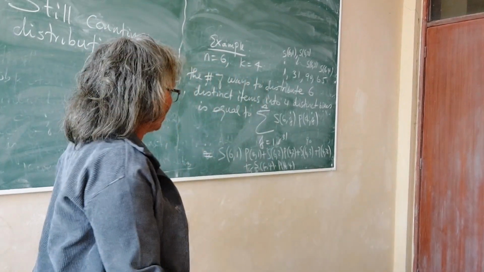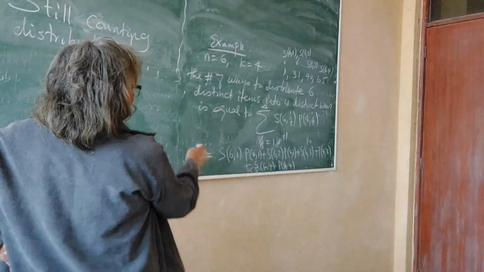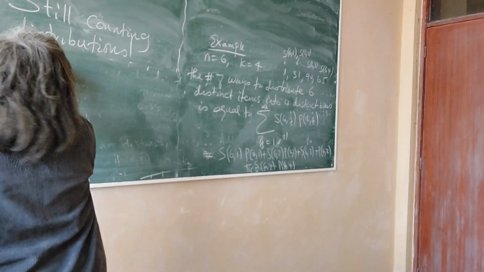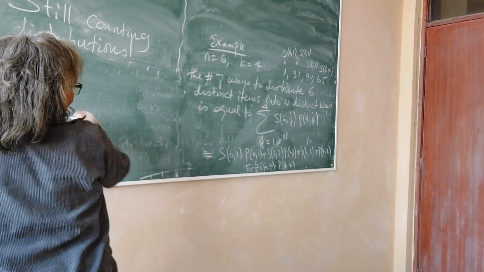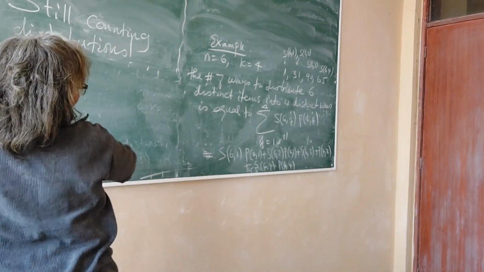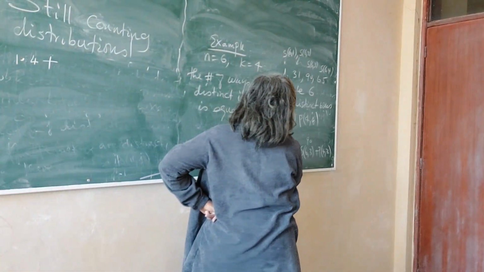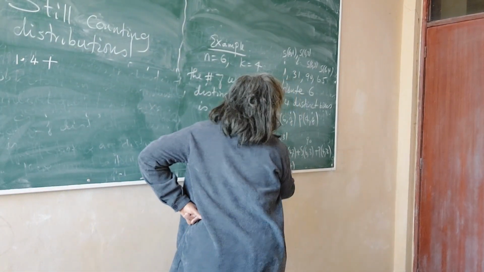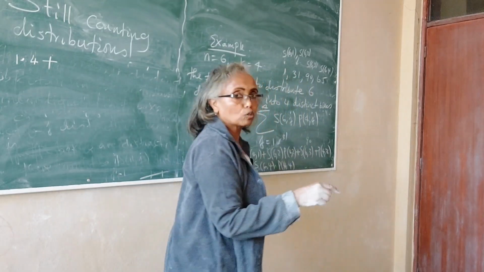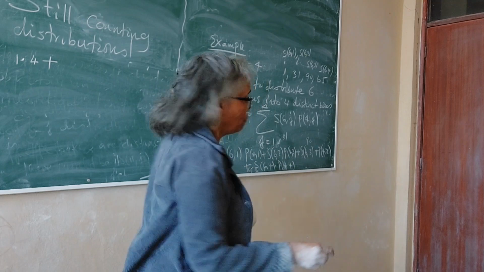P(4,1) is 4 factorial over 3 factorial, which is 4. So this is equal to S(6,1), which is just 1, so 1 times 4, plus S(6,2), which is 31, times P(4,2), which is 4 factorial over 2 factorial, which is 12.